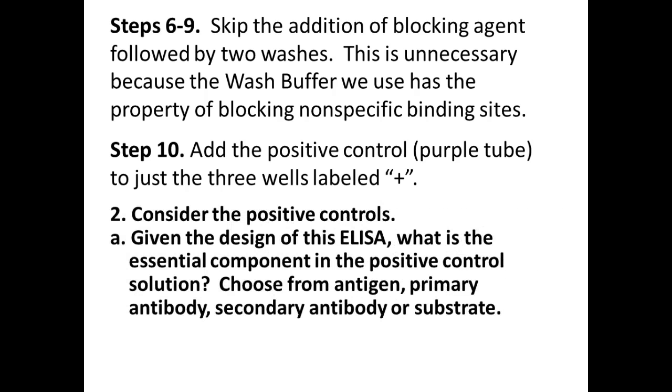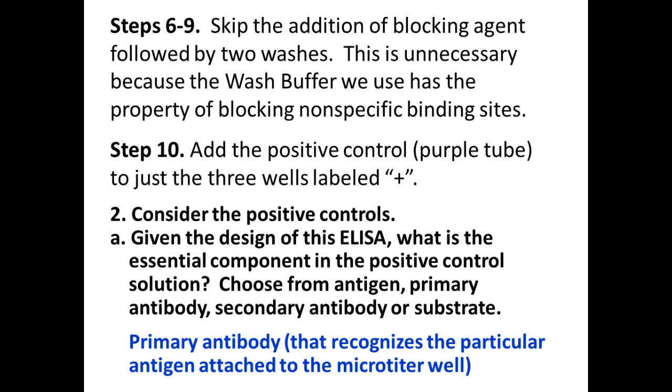What are we testing for? Antibodies. In this case, which antibody? Primary, the one that actually binds to the antigen, right? So in our positive controls, we've got to have the primary antibody, right? Otherwise, it's not going to come out positive. That binds to the specific antigen we're working with.